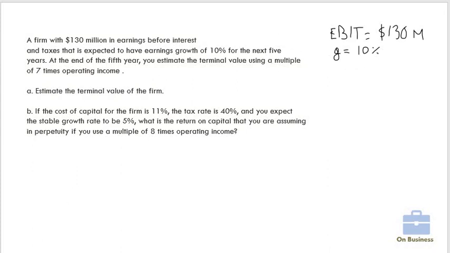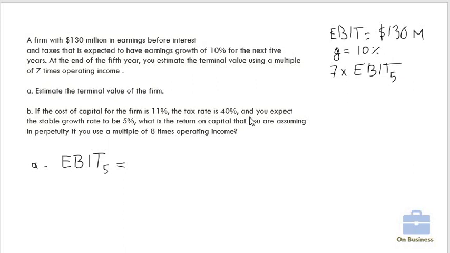And at the end of the fifth year, we want to estimate the terminal value using a multiple of 7 times the EBIT. But it's not the EBIT at t equals 0, it's the EBIT that I'll be getting in 5 years.